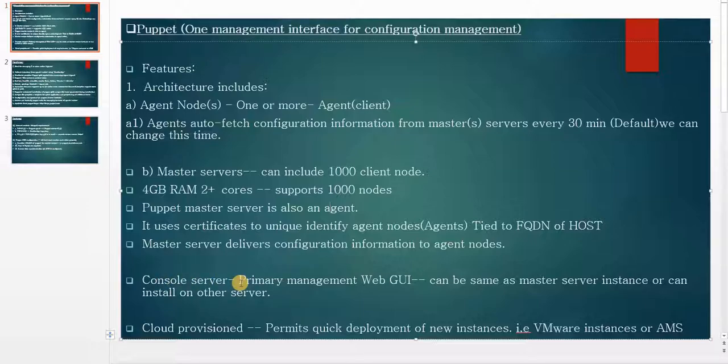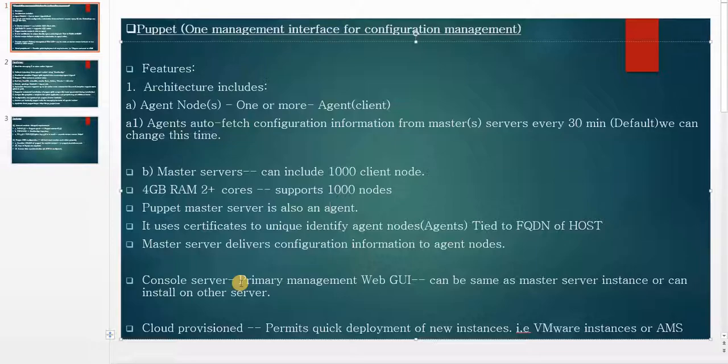The primary management web GUI can be on the same master server instance or can be installed on other servers. So we have a primary management web GUI interface through which you can manage all your client agent nodes.